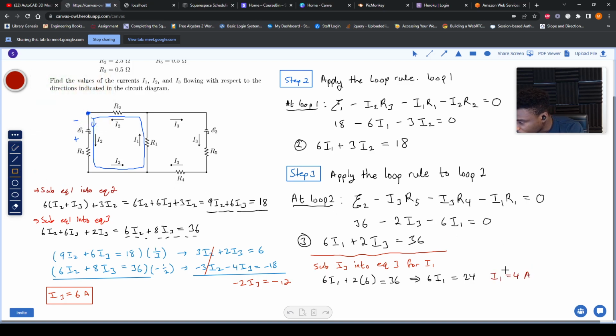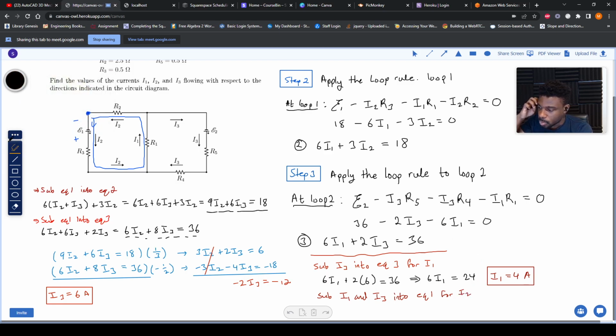Okay, good. So now we have I3, we have I1, and we just need I2. You could go back to the original one to get I2. So we're going to sub I1 and I3 into equation 1 for I2.